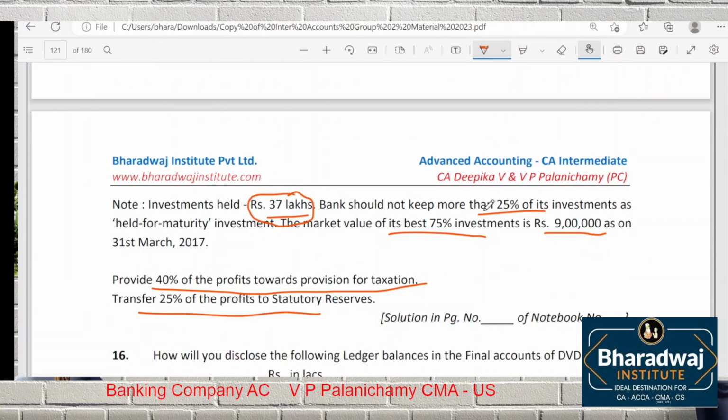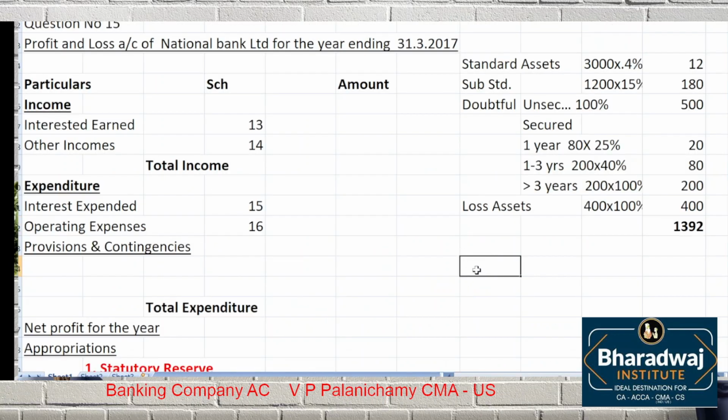Investments are 37 lakhs. Should not keep more than 25% of the investment as what? Held to maturity means long-term investments. 25% is held to maturity. 75% will be treated as what?